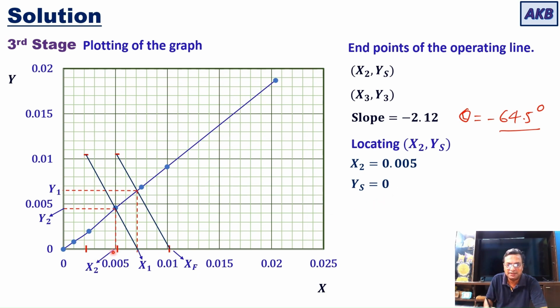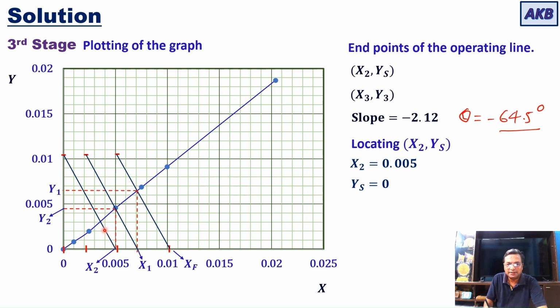So the operating line is going to start at this point. And in order to plot the line of the desired slope, I will travel 1 unit to the left in a horizontal direction, and then a distance equal to the slope in the vertical direction. I get this point. So the operating line for this third stage will pass through this point and this point. So this will be the operating line.